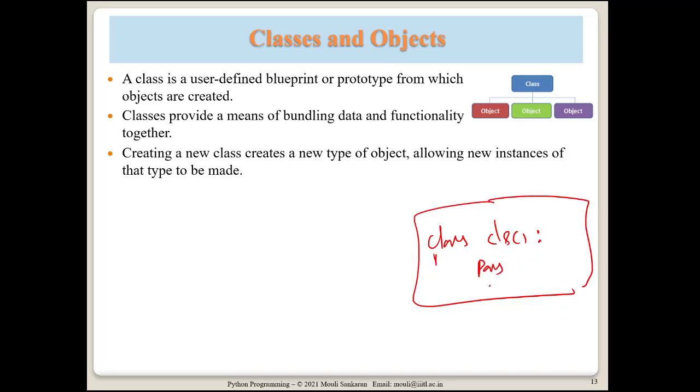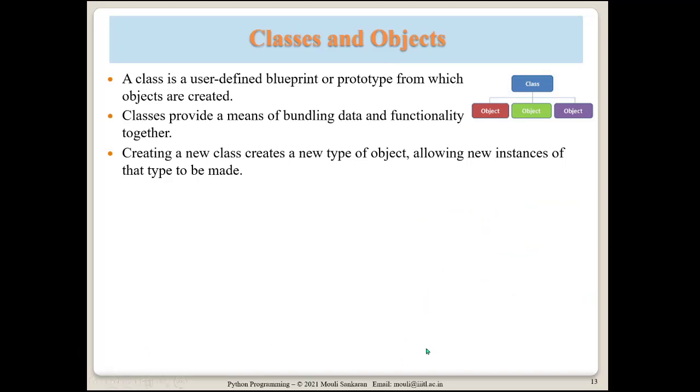Now, normally the Python convention is that the class name also starts with a capital first character. So this itself is an object. Even the class definition itself is an object. So we can pass it across to a function or anything you can do.